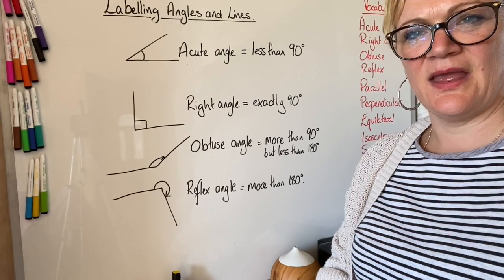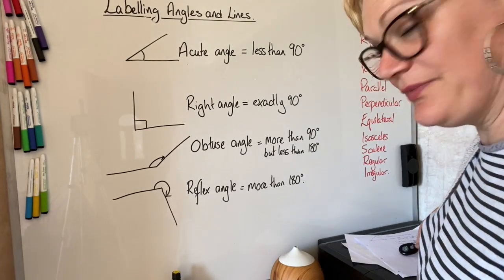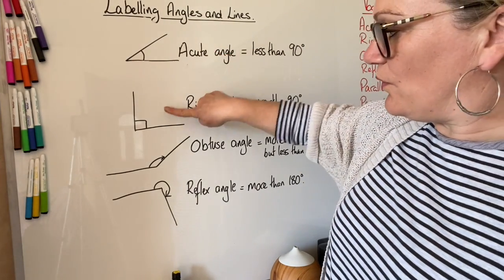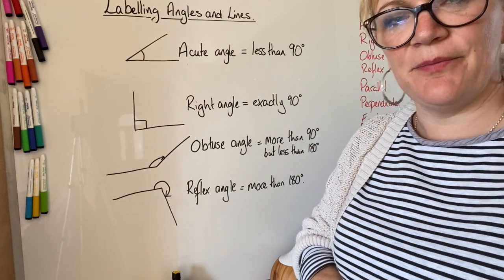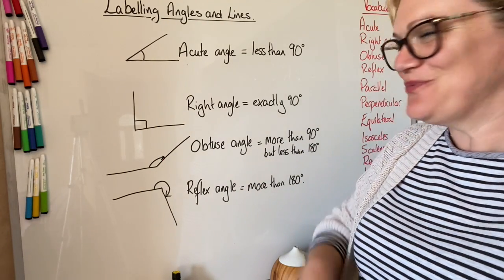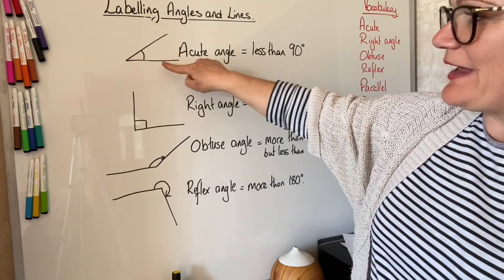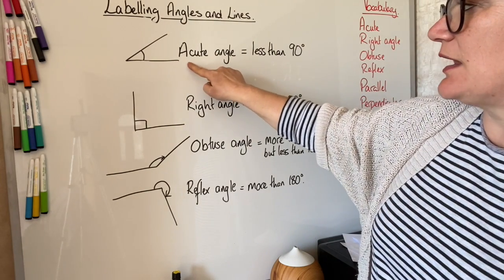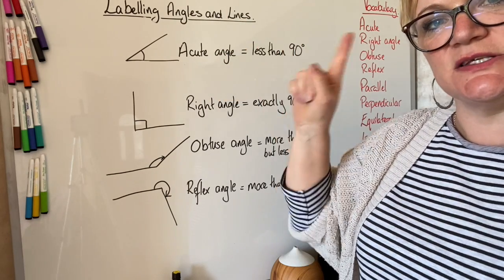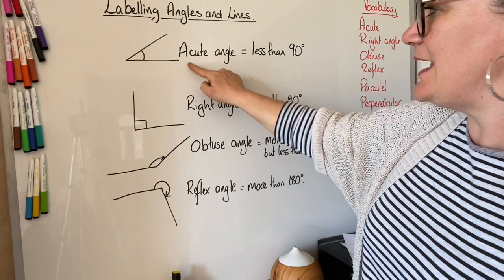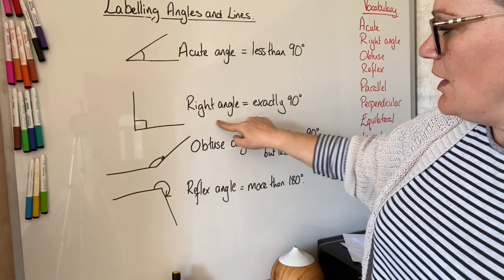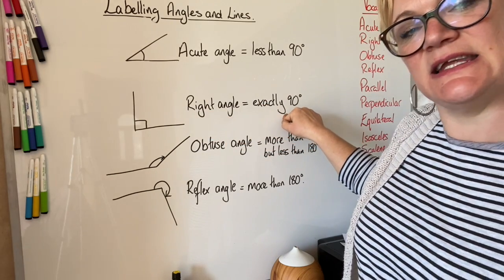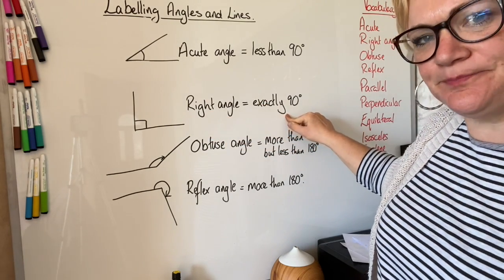Okay. The next thing I want to remind you about is what we call our angles. Just a quick recap, because I know that you remember these, I'm sure. The first one, small angles that are less than 90 degrees are called an acute angle. Remember, it's not two words, it's just one word, acute. A right angle is exactly 90 degrees, and that's the next biggest one.